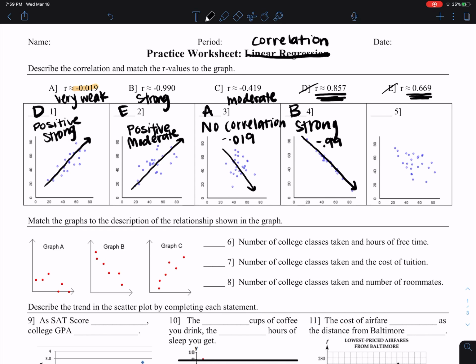Our last one, we know it has to be C, but we can also tell because we can draw a negative slope for this line, and the points are kind of off the line, so this looks like a moderate correlation. So that's our first section with the matching.